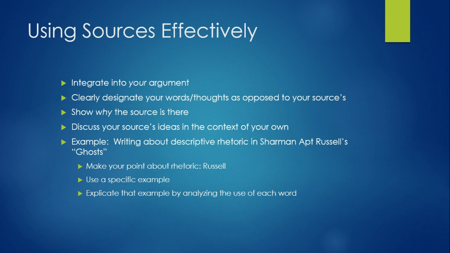Say she's developing the rhetorical appeal of pathos through her evocative descriptions of her father's death, or through her use of the question, what should I call my father? He died when I was 2. Those are some specific examples that you could use. And then explicate that example by analyzing the use of each word.